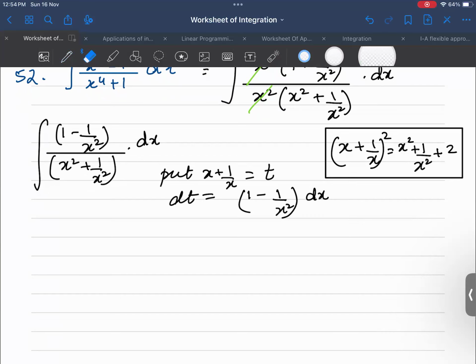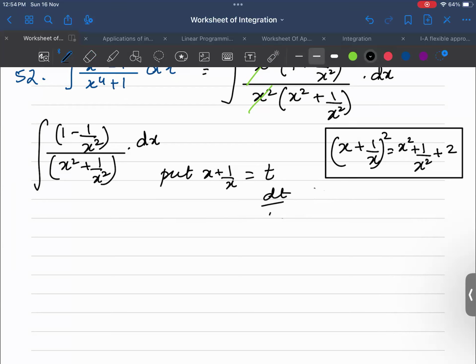But if you want me to do it simply, again I will do it. I can say dt upon dx: for x it would be 1, and for 1 upon x it would be minus 1 upon x square. I think it's clear. And then I can write dx equals dt upon 1 minus 1 upon x square, the way we want it.